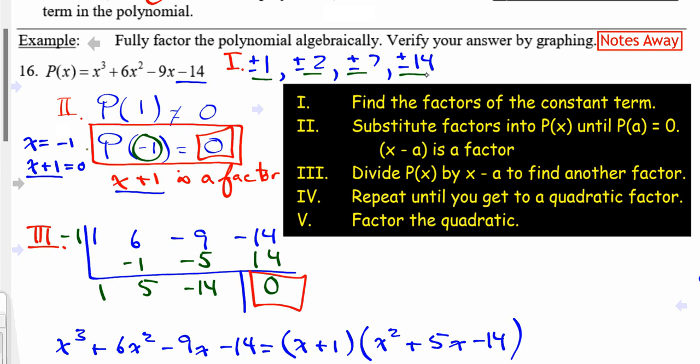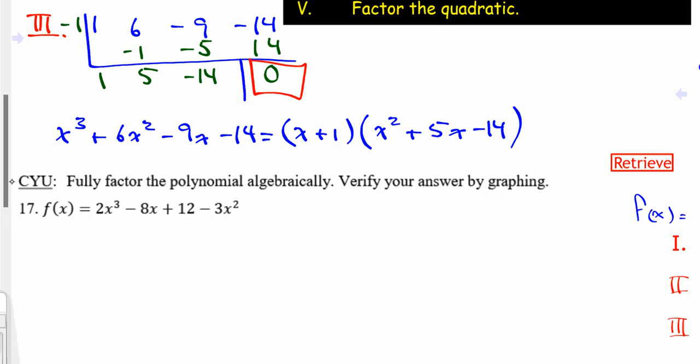At this point, though, we have a quadratic. You know how to factor quadratics. So we can just go to factoring from here. I'm running out of space, but for my final answer, we'll look at this and say, what multiplies to negative 14 and adds to 5? 7 and negative 2. x plus 7, x minus 2.